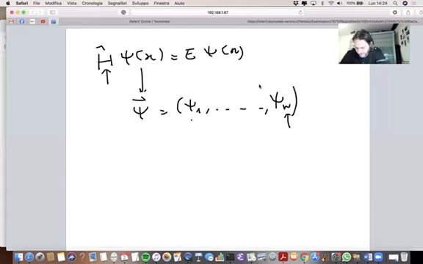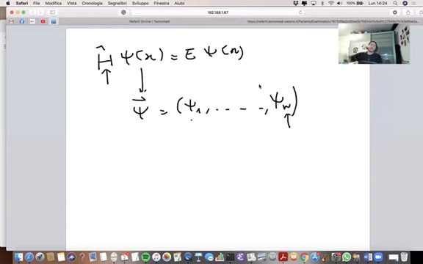Well, if you think about it, the operator takes a function and gives me another function. If this function is an eigenstate, all it will do is stretch by the eigenvalue.